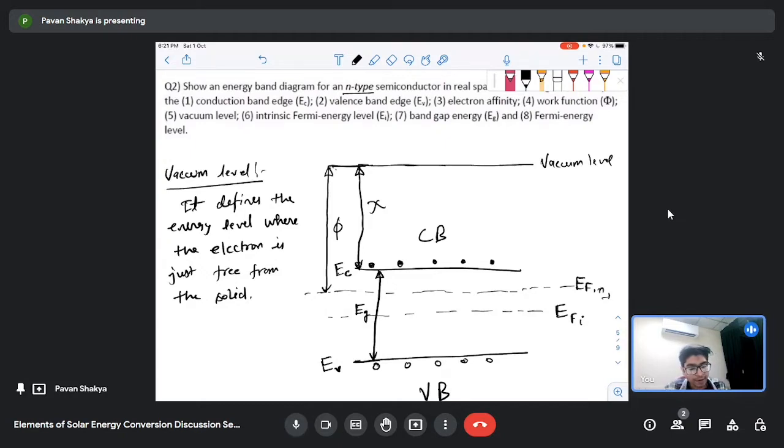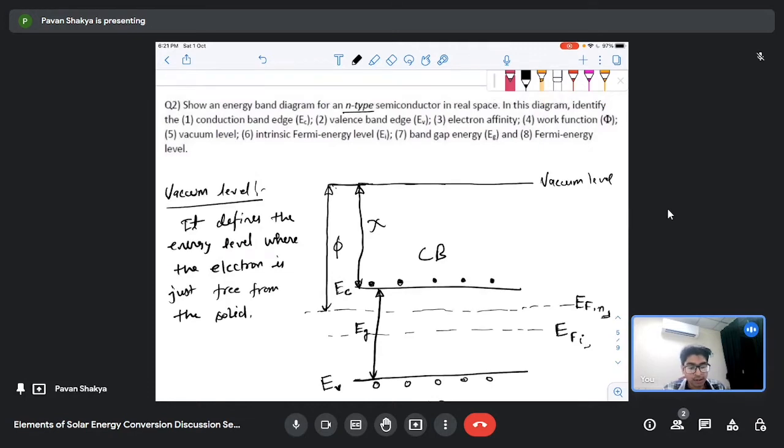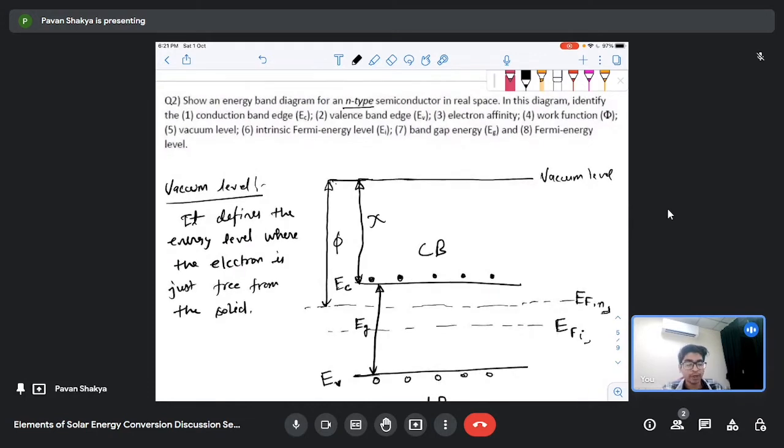Next is the Fermi energy level that I have defined as EFN for the n-type semiconductor. EFI is the Fermi level for the intrinsic semiconductor. Okay, so that's all in the question that has been asked. Now next move to the next problem.